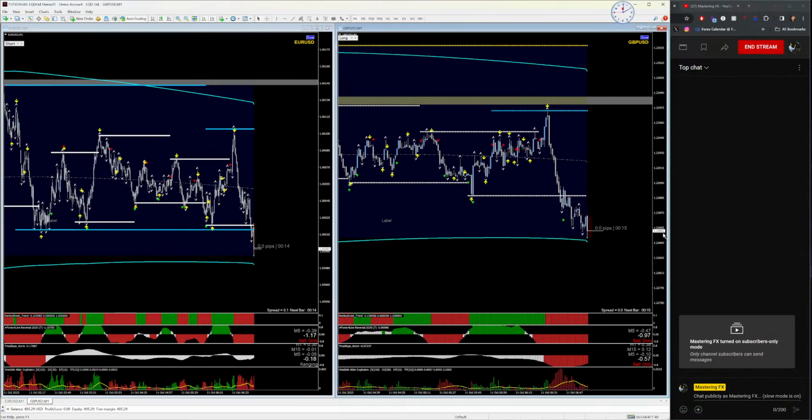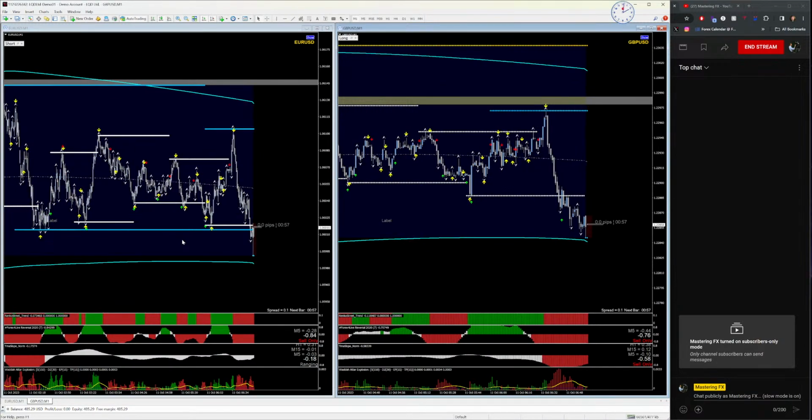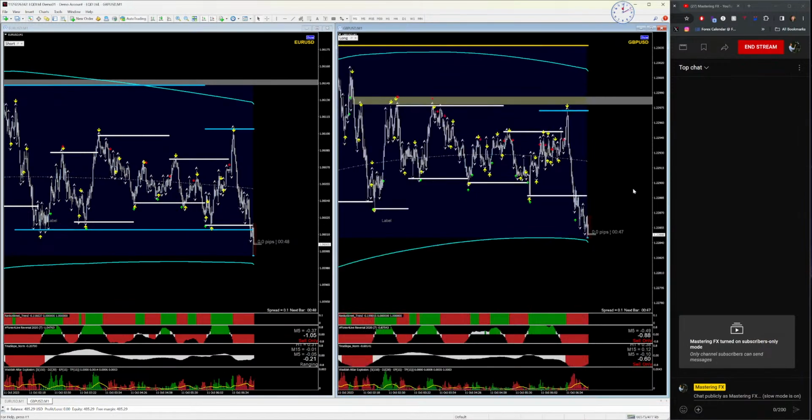And it's almost hitting the band already. Nice. Okay, so we definitely swept the liquidity down here.